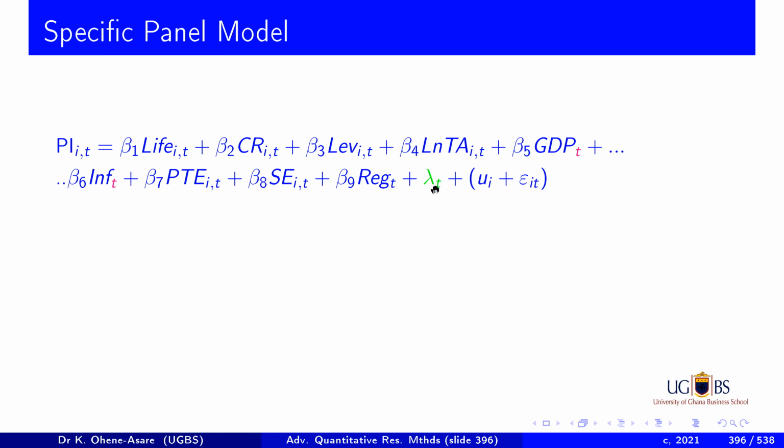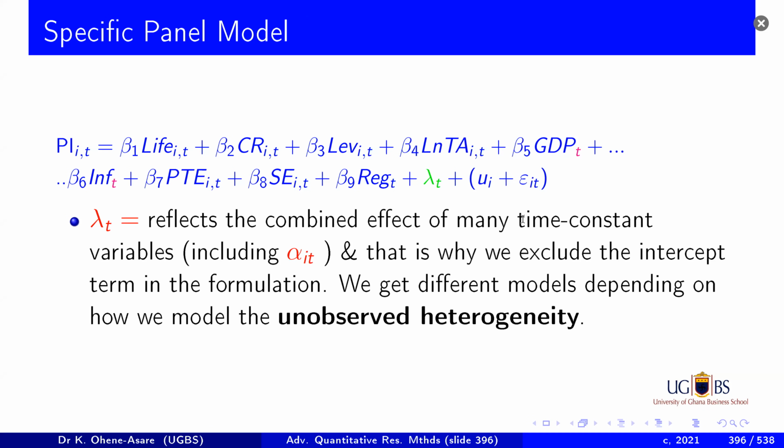Of course, the lambda T captures all time dummies. And then the UI represents the unobserved individual specific effect, whereas the EIT is a usual random noise. So this was a typical model that we have.